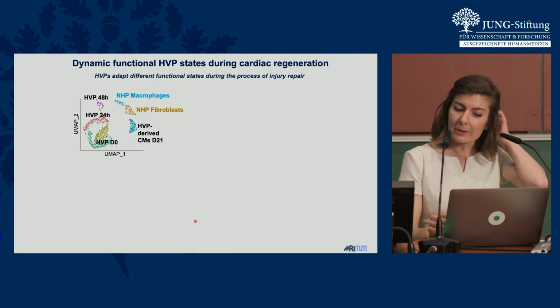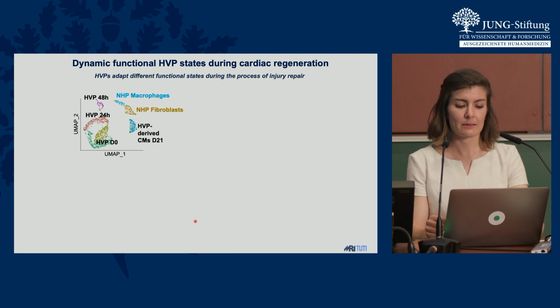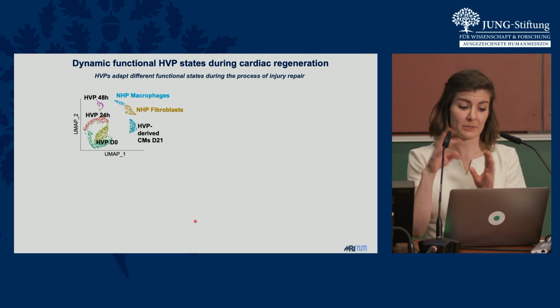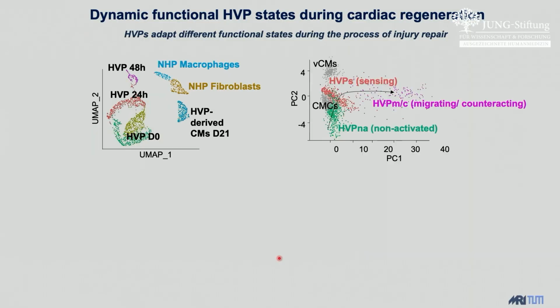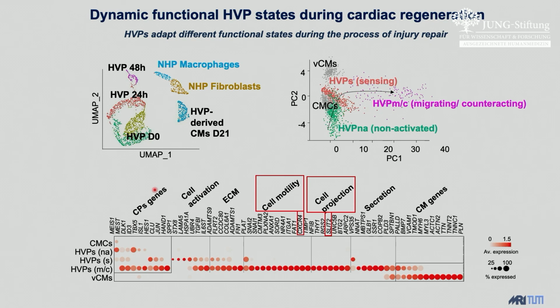And it was quite interesting already to see that the progenitor cells formed different clusters at different time points. And we have seen that indeed these progenitor cells are able to undergo different functional states in this process of cardiac repair, because at the beginning they are not activated, they are just sitting there and express cardiac progenitor cell genes.